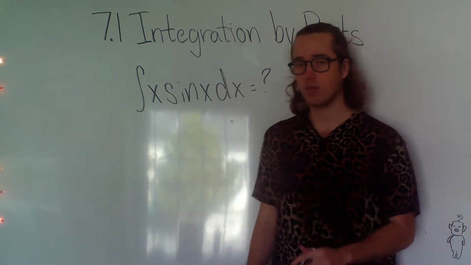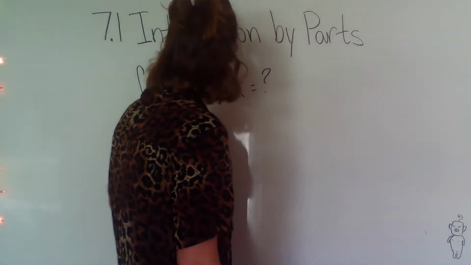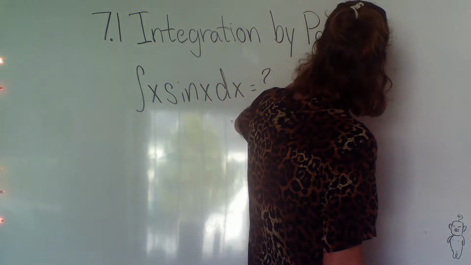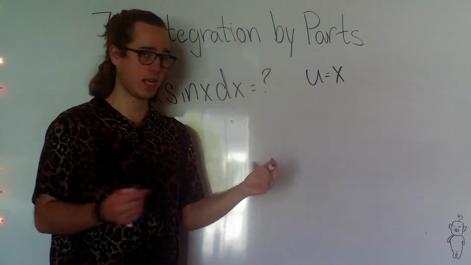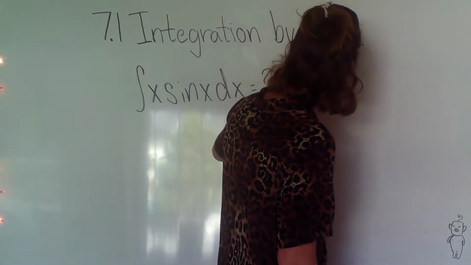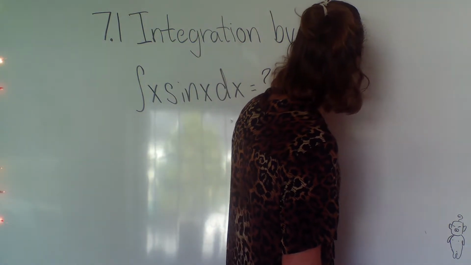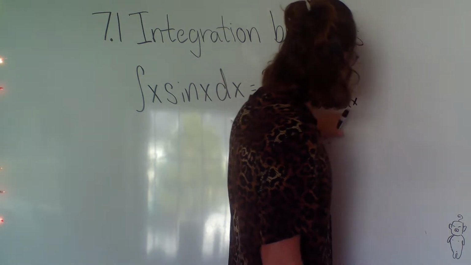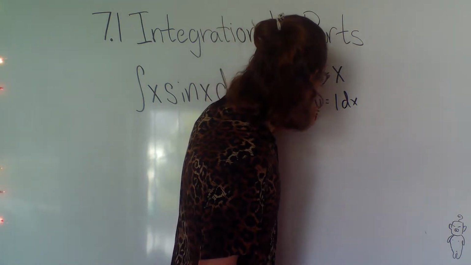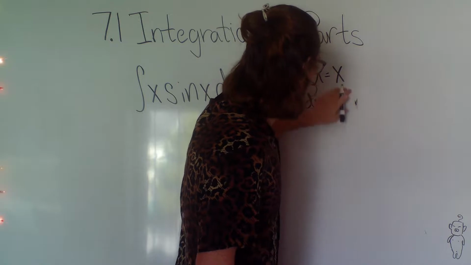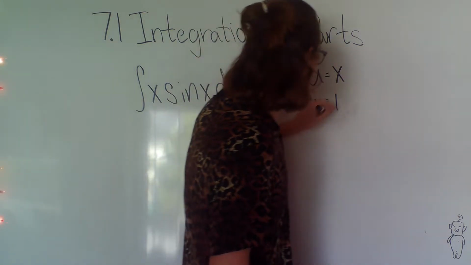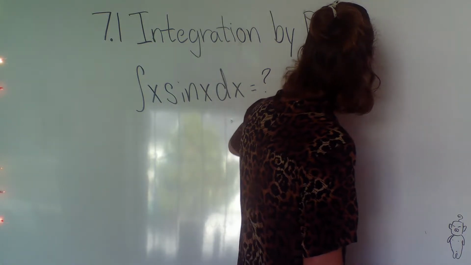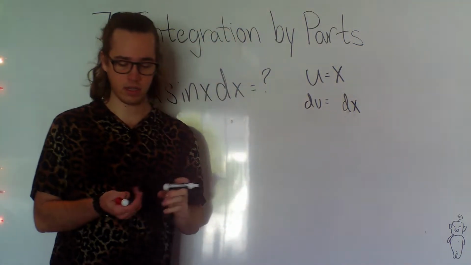So with that being said, we're going to set our u equal to x. That means du, the derivative of x, is just 1 times dx, because du/dx is equal to 1, and then you bring over the dx and say du is equal to 1 dx, which is just dx. And that's very easy to work with.